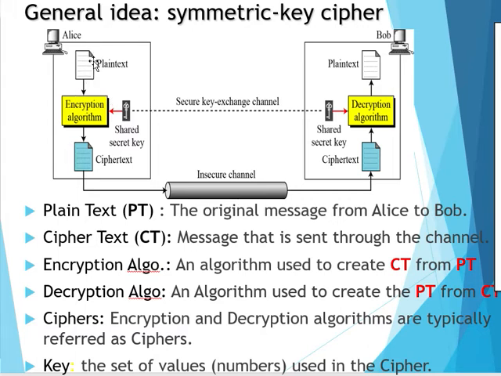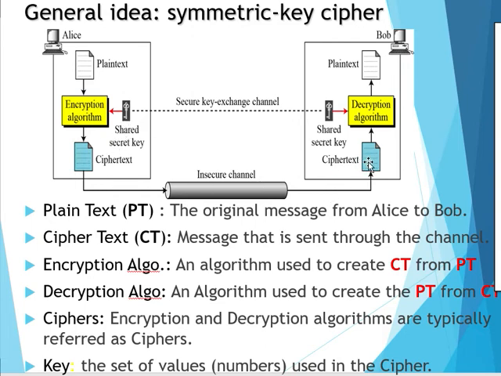The original message from Alice to Bob is called the plaintext. The message that is sent through the channel is called the ciphertext. This ciphertext is generated by using the encryption algorithm and the key, which we will discuss later.